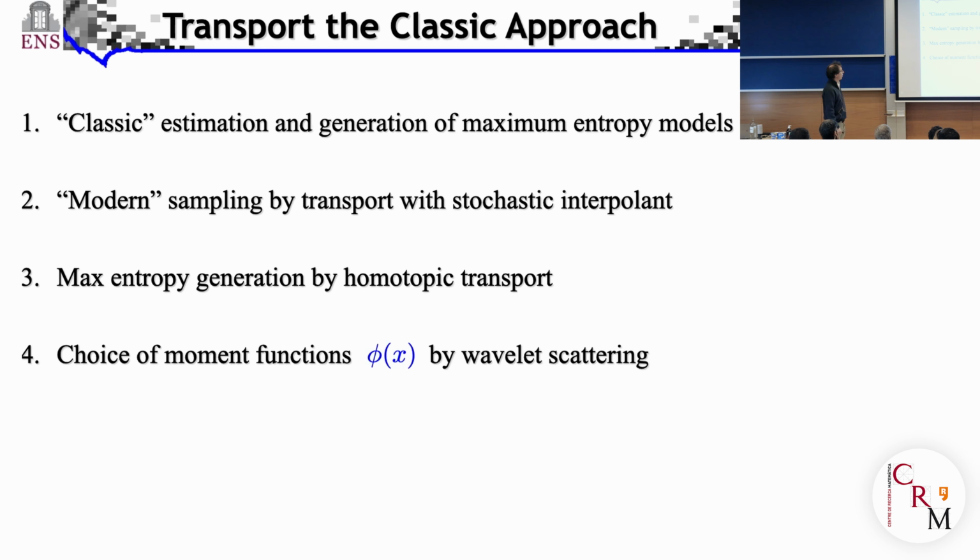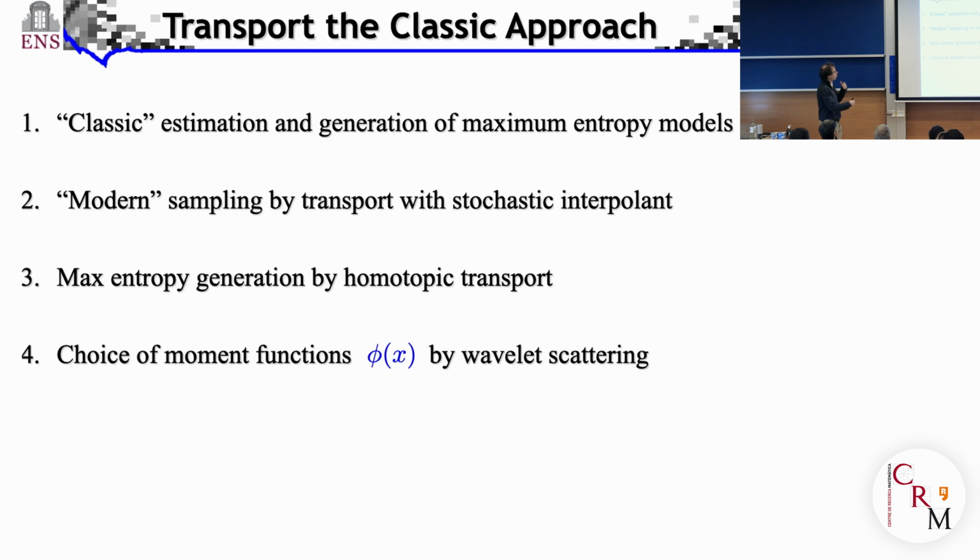that were already mentioned by Johan yesterday. Then we'll move to this so-called modern approach to sampling, which is essentially based on transport and stochastic interpolant. And there we'll go in the world of the talk of Gabriel, of Johan, and a lot of work that was done previously by Eric.